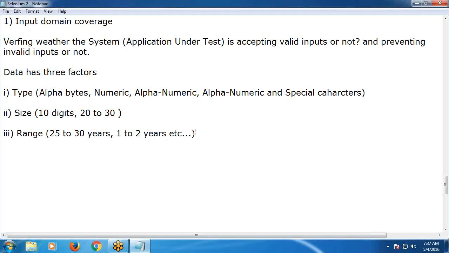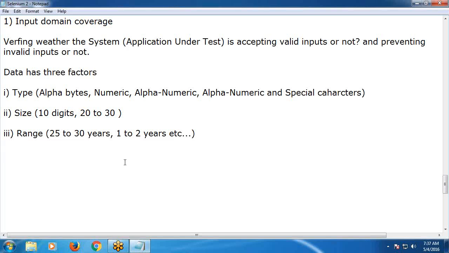Suleiman, did you understand these three factors? Type of data, size of data, range of data? Yes. Okay. See, this is input domain coverage. If we enter valid input, it has to accept. If we enter invalid input, it rejects the input and shows a meaningful error message.